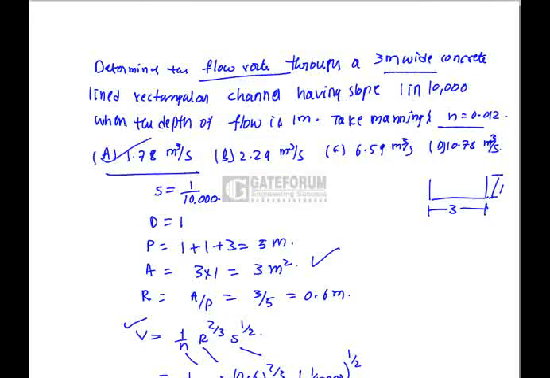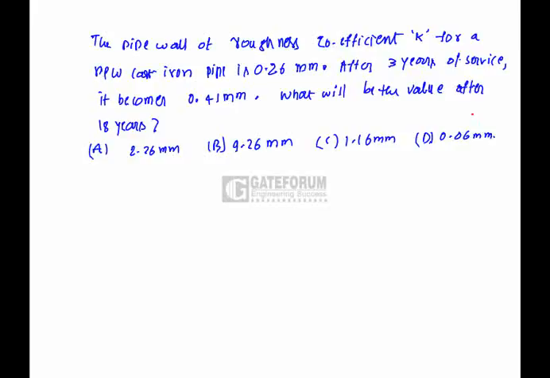Option A is correct. Question is, the pipe wall roughness coefficient K for a new cast iron pipe is given as 0.26 millimeters. The roughness coefficient of initial new pipe is given as 0.26 millimeters. After 3 years of service, it becomes 0.41. So KT is given as 0.41.